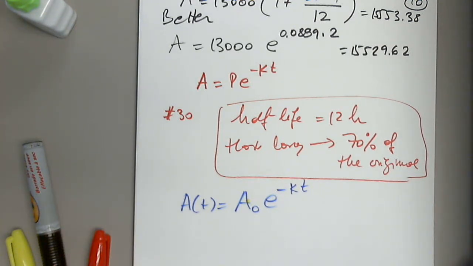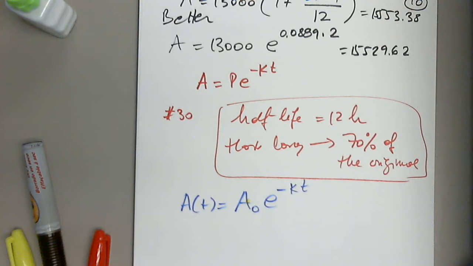Okay, so I know that the half-life is 12 hours. If I start with the original amount A0, how much is left in 12 hours? 50%, correct? If I start with A0, in 12 hours A of 12 would be half of A0.